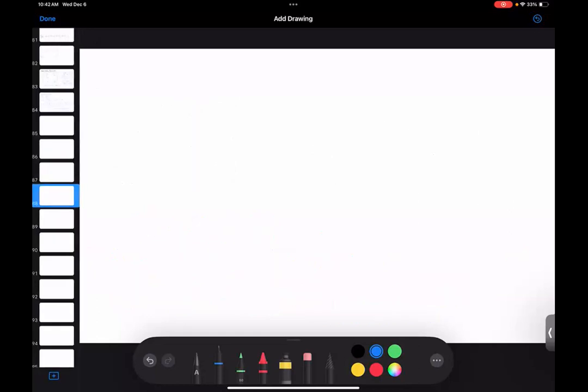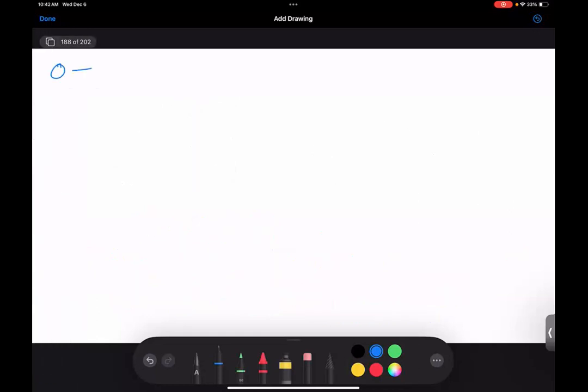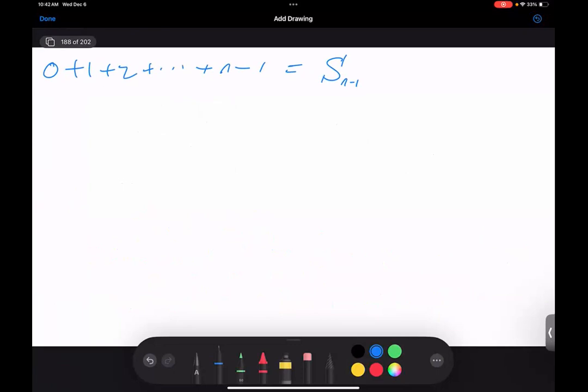Okay. So what is 0 plus 1 plus 2 up to n-1? What does this equal? This is an extremely famous sum. It's n-1 times n/2.